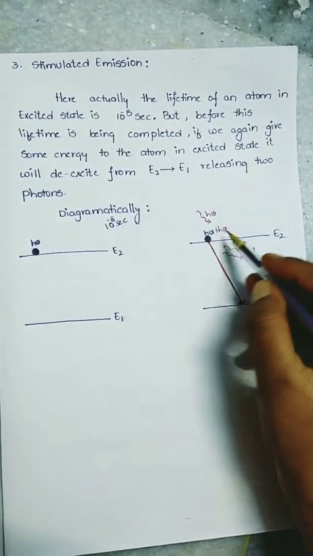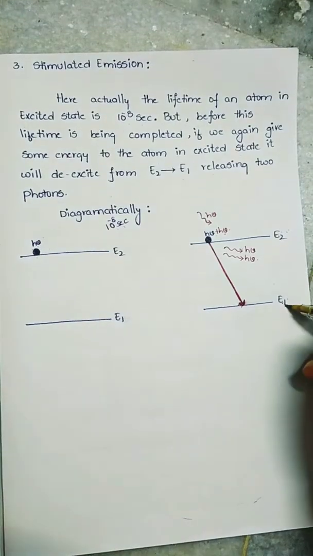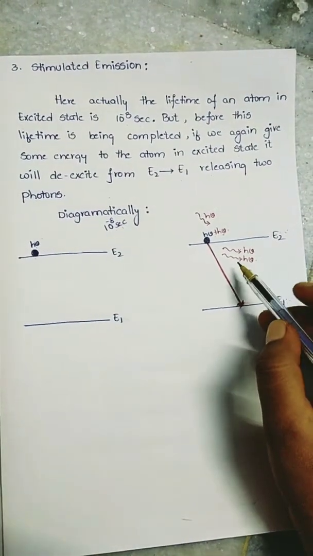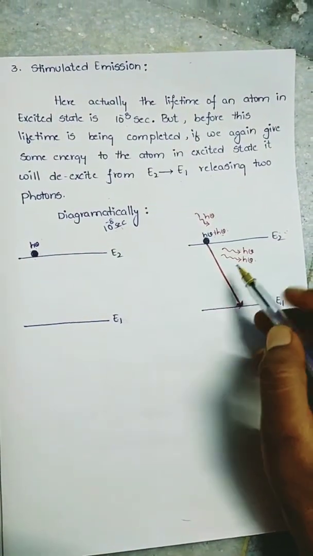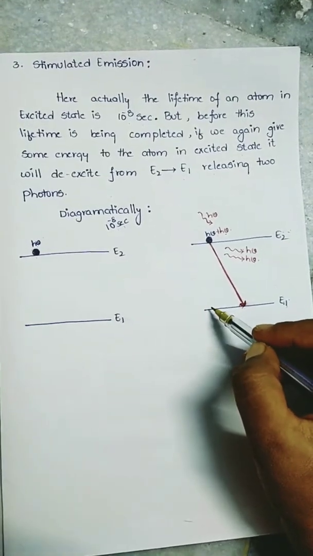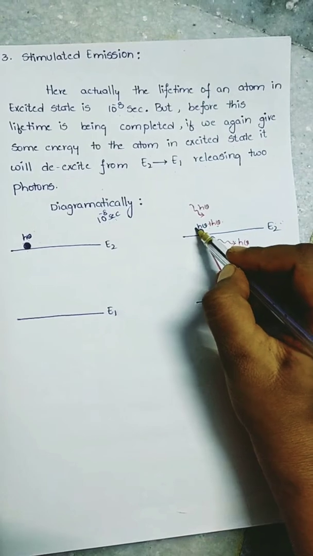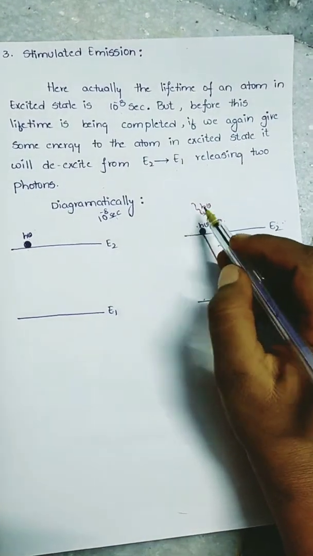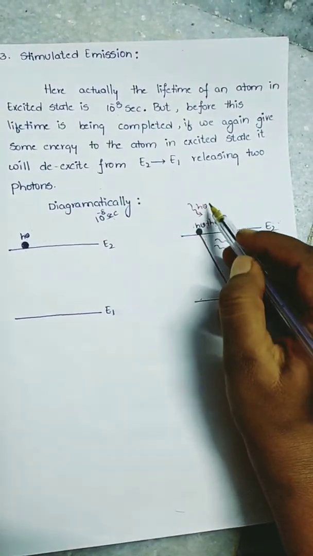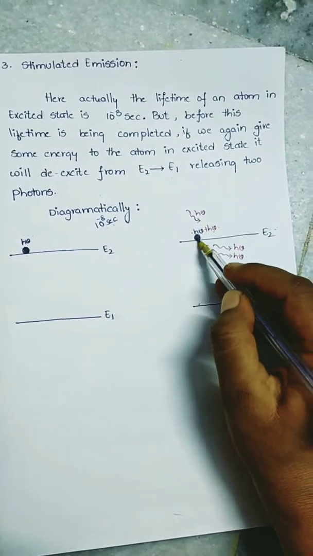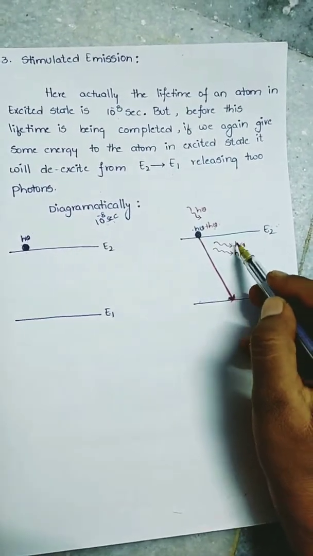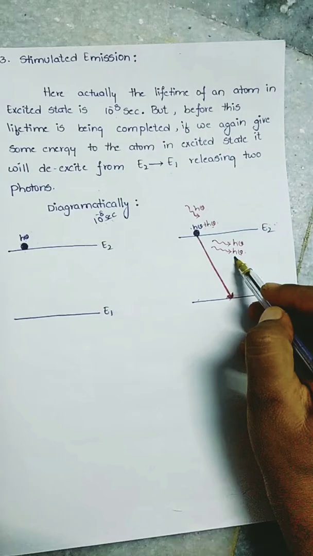So when it is de-exciting from E2 to E1, it releases 2 photons. One is the photon which we gave to the atom to move from E1 to E2, and the second is the photon which we gave as additional energy. So 2 photons are released.